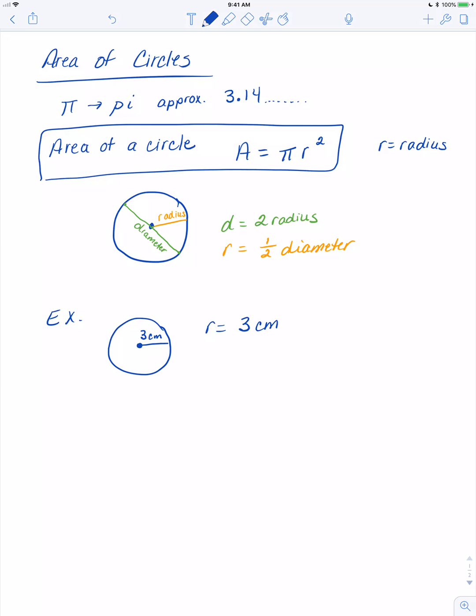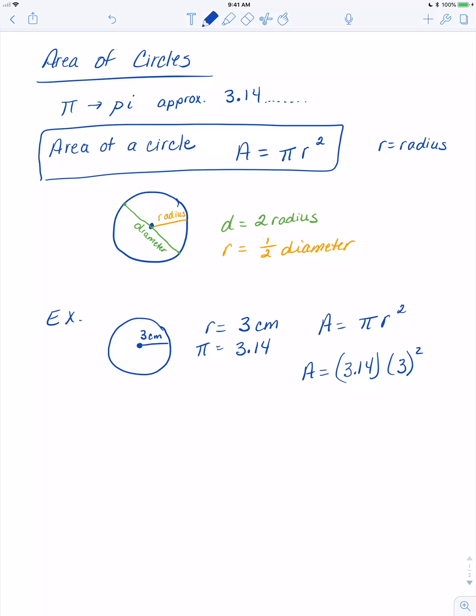Our formula, remember, the area of a circle is pi r squared. Pi, we're going to use 3.14 for now. So let's fill that out. Pi 3.14 times the radius 3 squared.